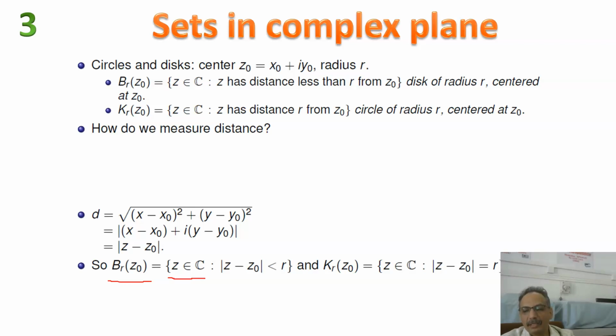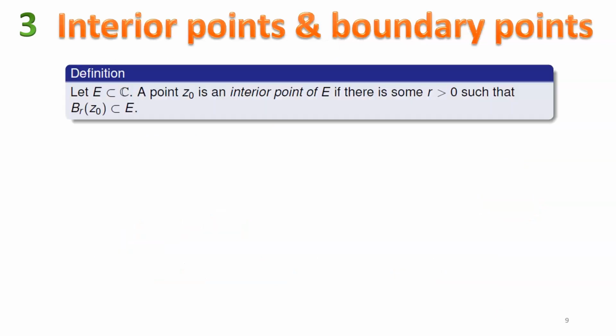So this is the condition of the disk, and K_r(z0) represents the set of all complex numbers that obey the condition mod of z minus z0 equal to r, that is, it represents the boundary of the circle, the boundary of the disk. And here this quantity B_r(z0) is talking about the disk except the boundary points.